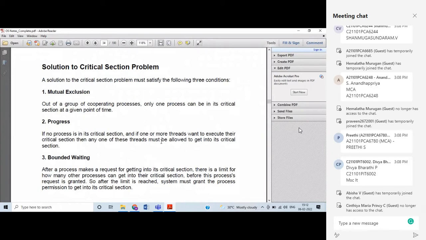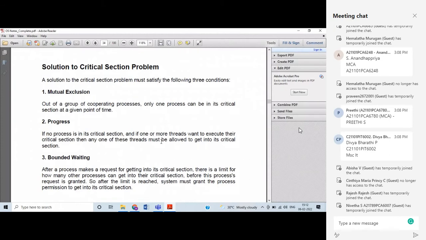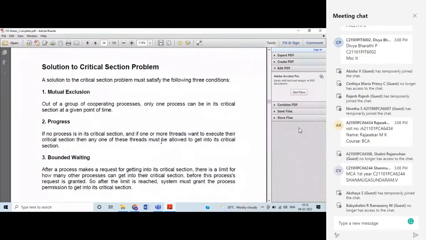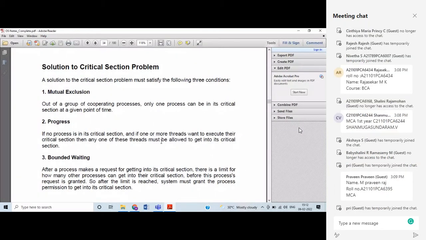That is progress. Students, I hope you understand mutual exclusion and progress.